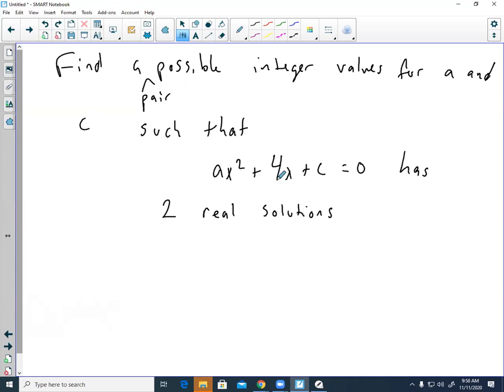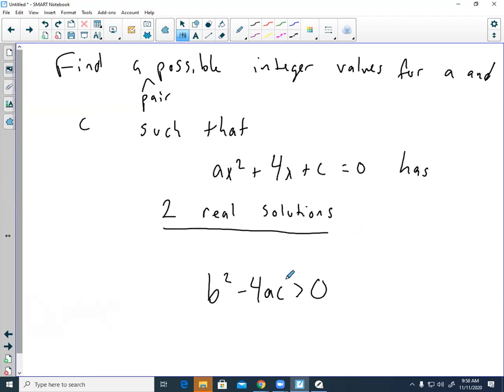So it's saying that I want this thing to have two real solutions, but I don't have values for a or c, so I have to find those values. But what I know right now, with two real solutions, is that b squared minus 4ac has to be positive, right? So b squared minus 4ac has to be positive.